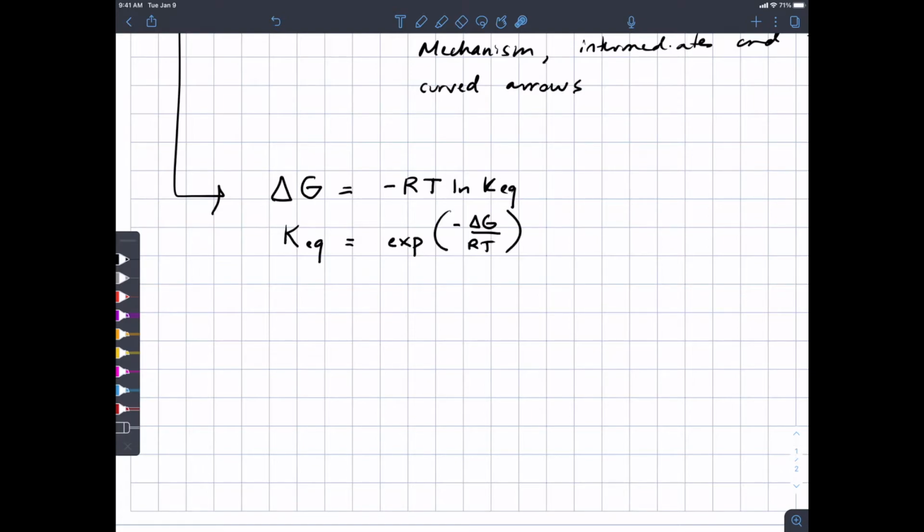As we talked about in Chapter 3 when we dealt with non-covalent interactions, this change in free energy has 2 basic contributions, delta H and T delta S. So delta H, for a process, relates to bond strength for bonds formed versus bonds broken.